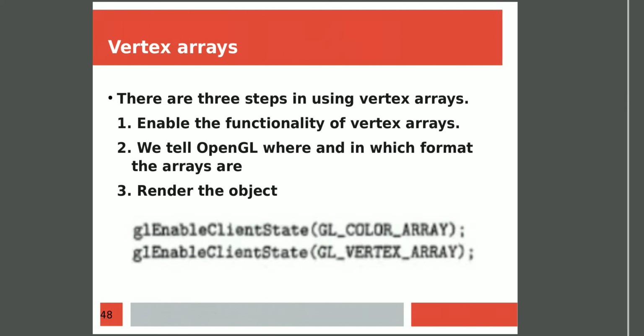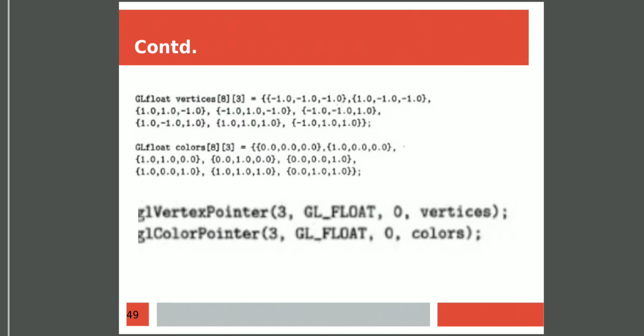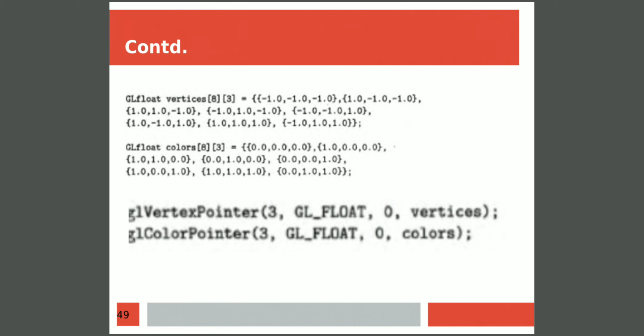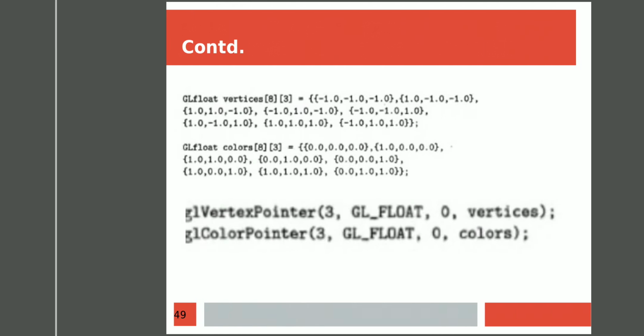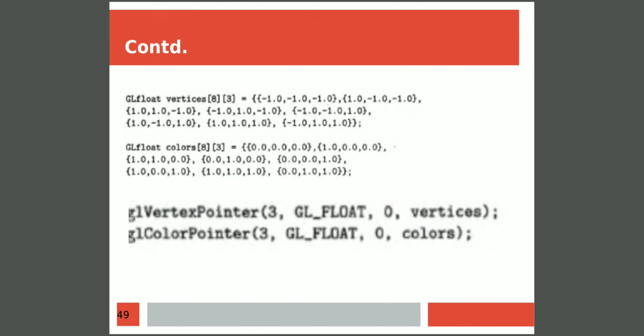Now we need to tell in which format those arrays are present. To specify the format for these arrays, we have a built-in function called GL vertex pointer. It takes 4 parameters in total. The first parameter specifies that we are going to display this object, the color cube, in a 3-dimensional system, so the first parameter is 3. That means all the vertices of the colored cube are represented in a 3-dimensional system.